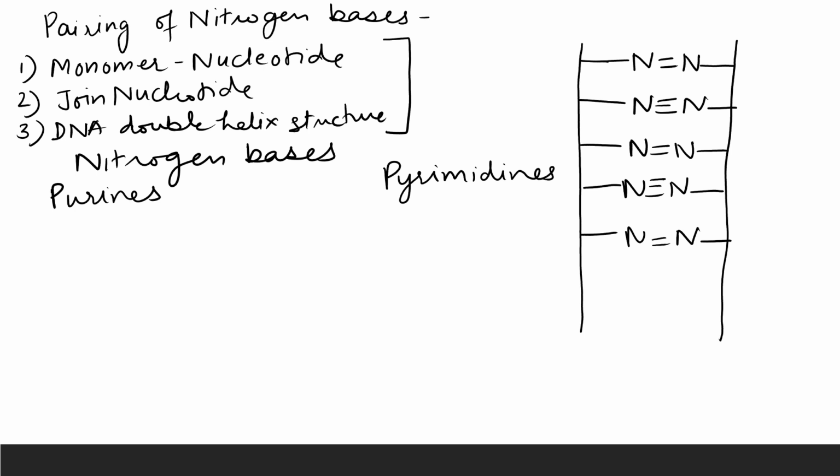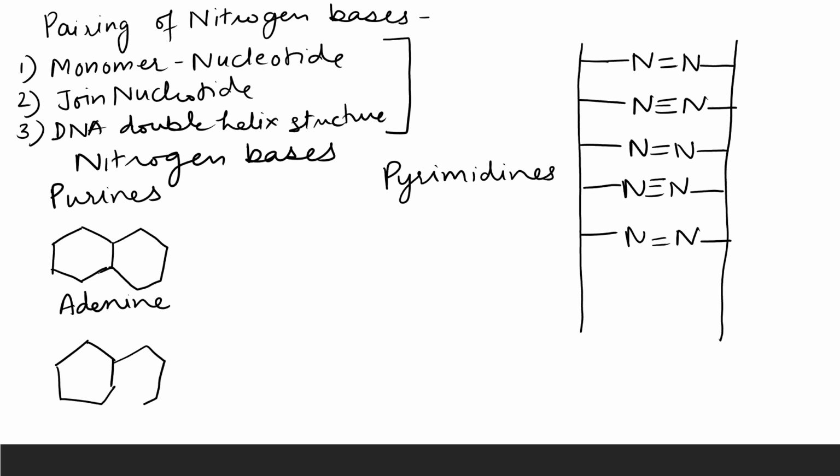We know that purines are double ring structured carbon nitrogen structures, double ring, right? And the first one is known as adenine, and the second one is known as guanine, right?